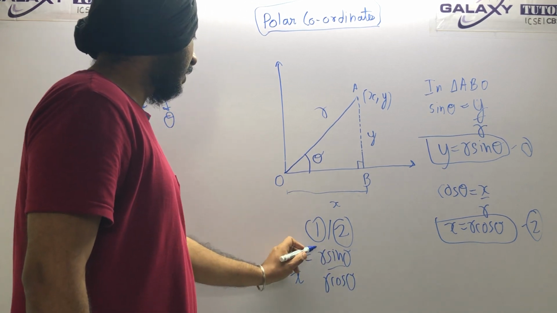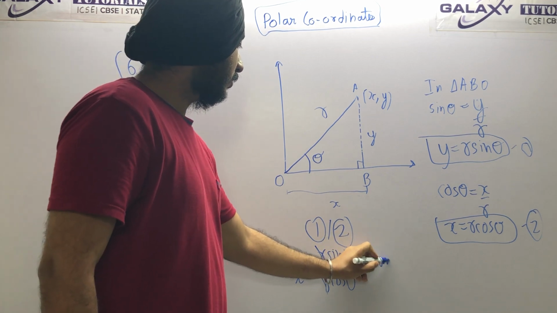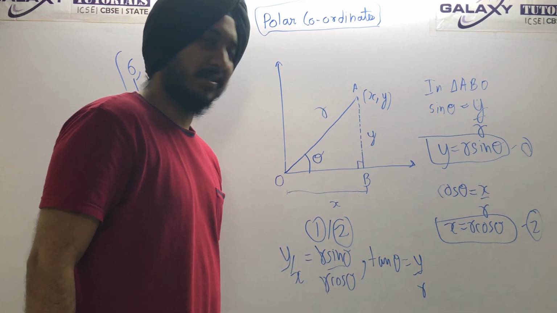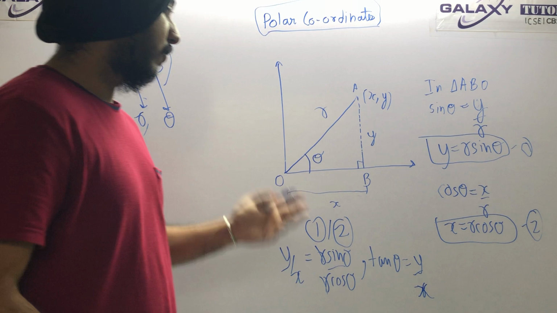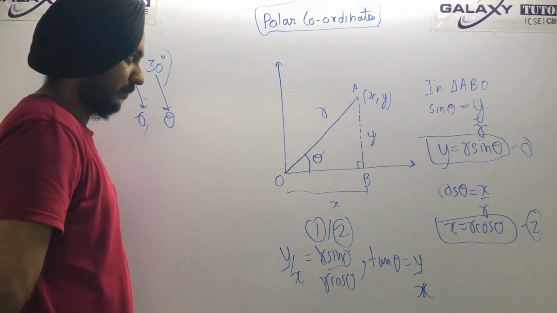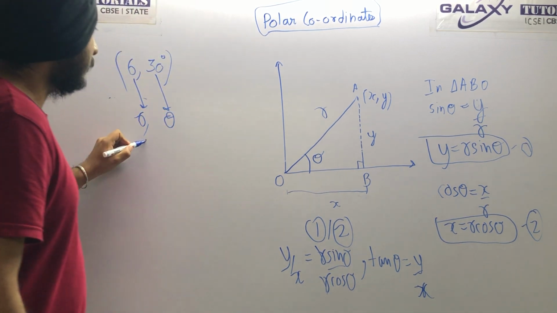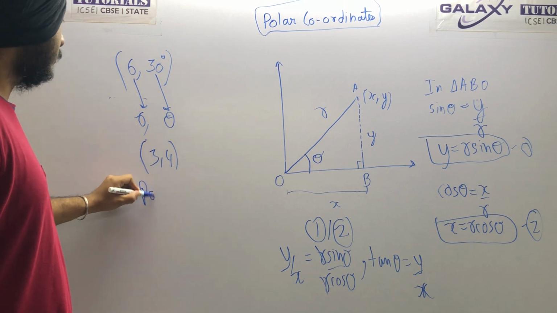The r cancels, so tan theta is equal to y upon x. Now, if they only give you the values of y and x in the question, like 3 comma 4, and ask you to find the polar coordinates.